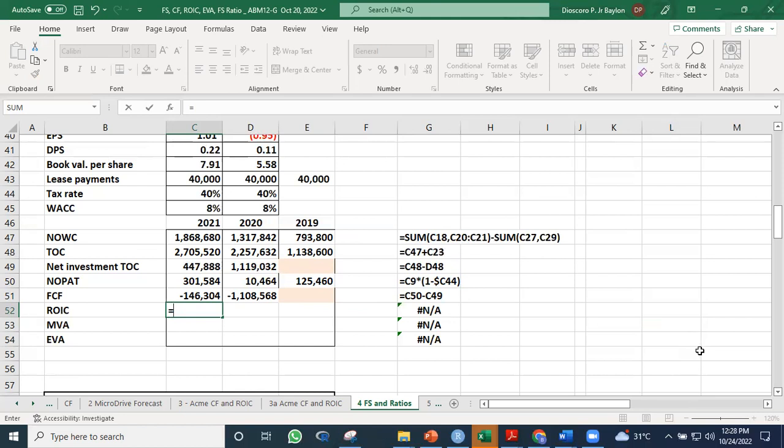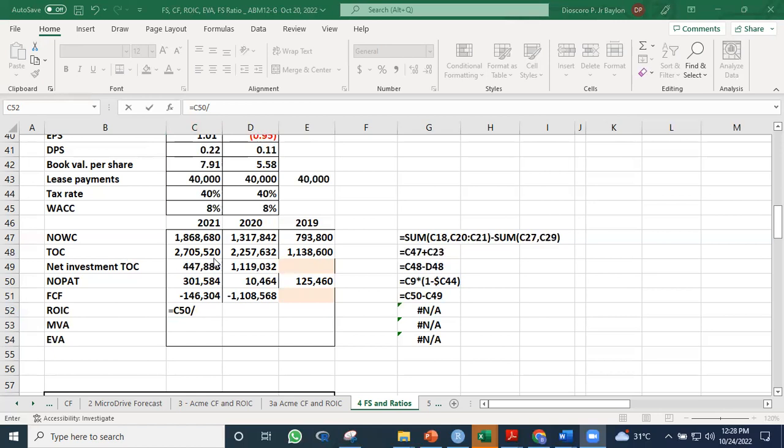Anong return? Diba? Naka-generate ng NOPAT, diba? Pero anong capital ang ginamit? Divided by ano? Ang gagamitin natin ano? Yes, correct. TOC beginning. Very good, no?